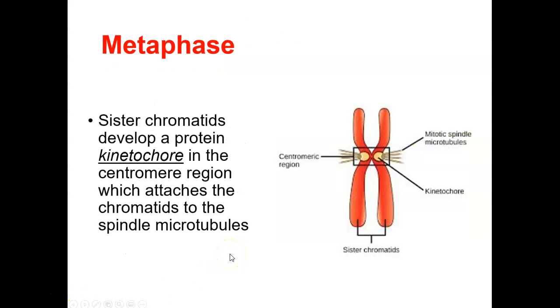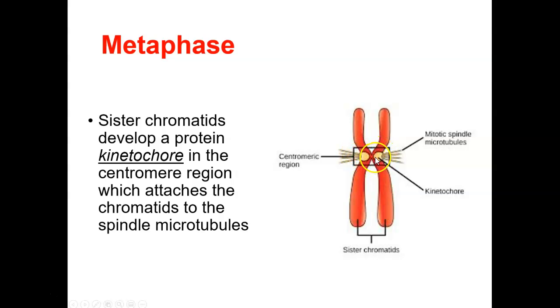So in metaphase, this is the next step. And remember, there was a prometaphase and a metaphase. I'm mostly concerned about you just realizing that these are the important steps of metaphase. Those sister chromatids, this is one chromosome and its copy, are hooked together by a protein called a kinetochore in the centromere region.